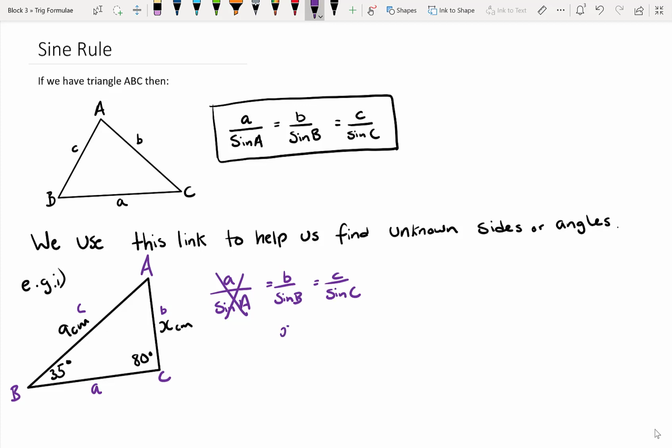So it is x over the sine of the angle at B, which is sine of 35, equal to the side at little c, which is 9, all over the sine of the angle, which is 80.